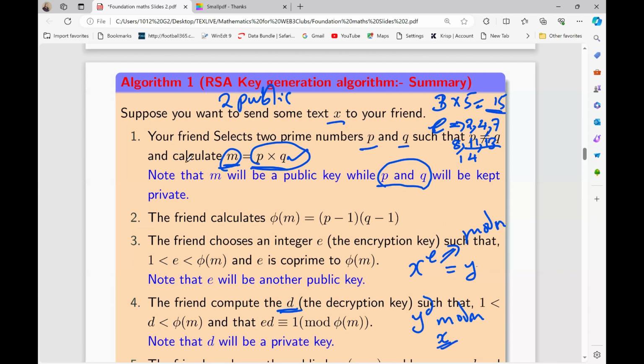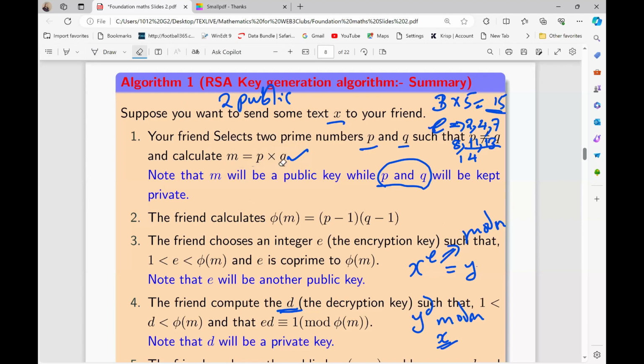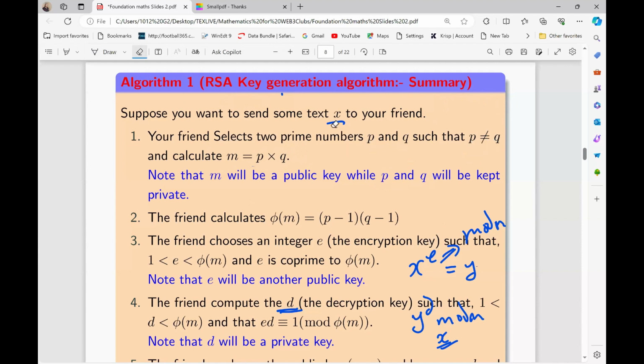I want to look at 2 examples. I hope the explanation of that algorithm is clear, and the good thing is it's recorded so that it can be used at any given time. We look at 2 examples and they'll make this clear.